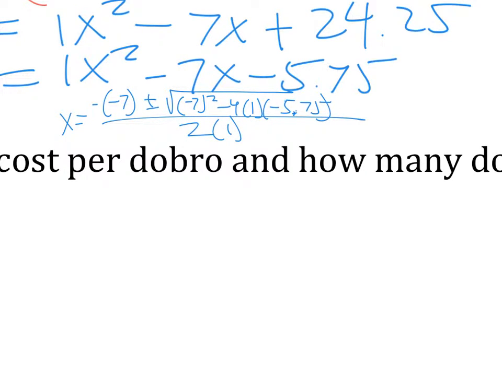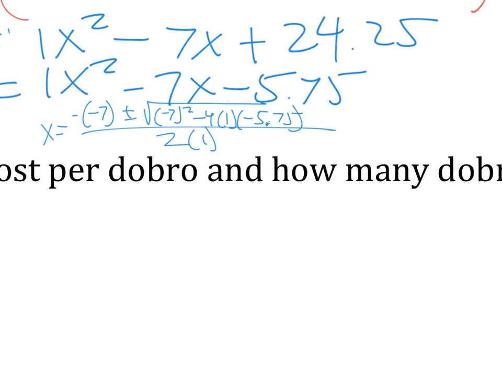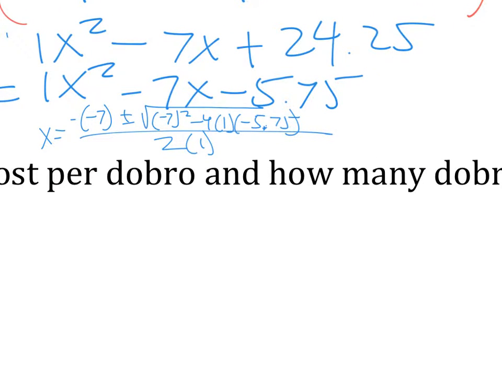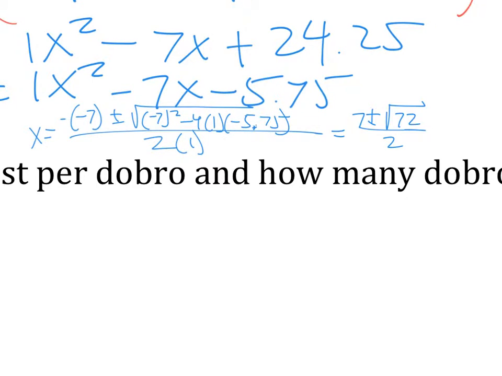Okay, so let's just crank that out. Let's do the discriminant first, underneath the radical. And it actually comes out pretty nice: 7 plus or minus the square root of 72, all over 2. By the way, if you did it without multiplying by 10 up above, this would still work. It would just have some decimals in here.